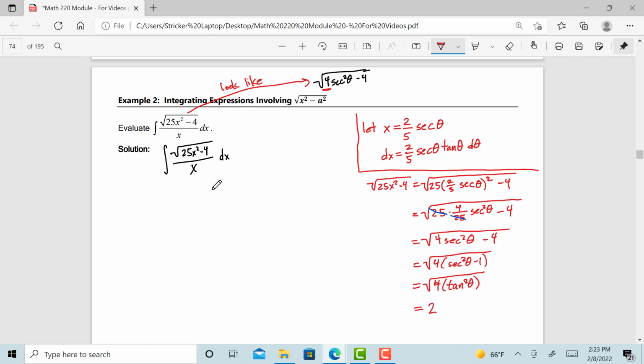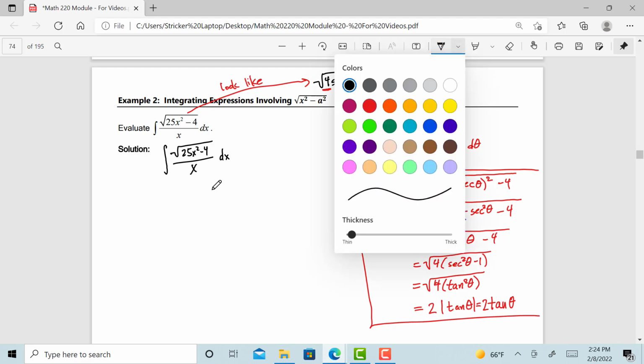Square root of 4 is 2, and we're going to assume that, again, we have no limits, so we're going to assume that the absolute value of tangent theta is just equal to tangent of theta. Or, sorry, 2 times tangent theta, I should say. So we have 2 times tangent theta.